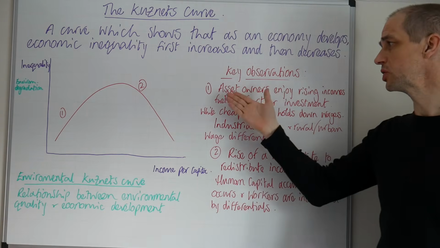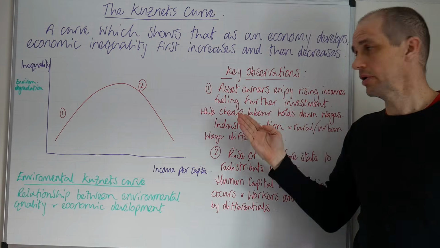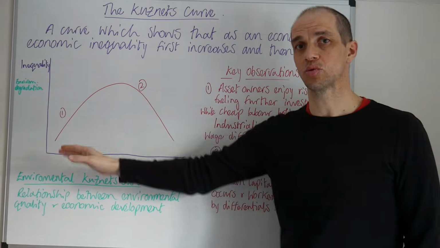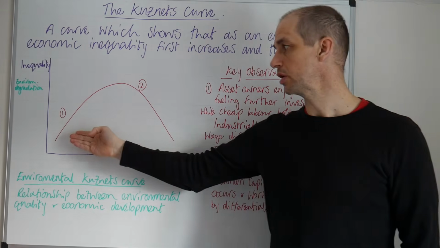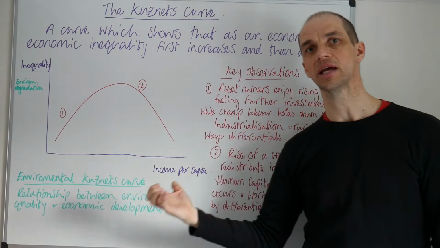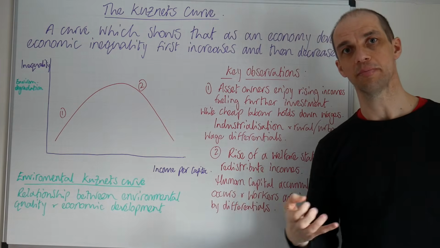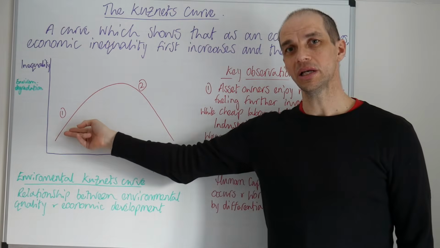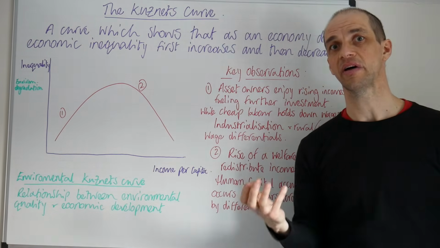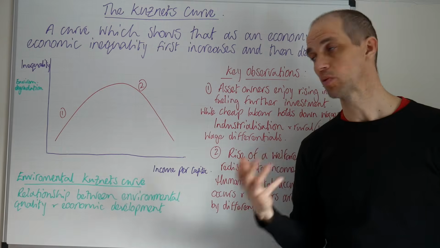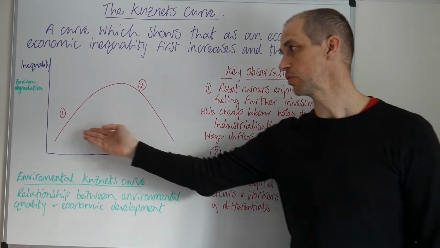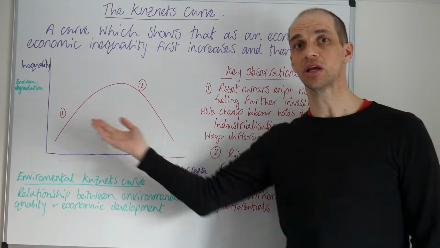Okay, firstly, the asset owners enjoy rising incomes. So if you are actually asset rich and you buy assets at an early stage, be it property, be it shares in companies, and so on, then what's likely to happen is that the actual values of land, as well as property, as well as shares and companies within the country are likely to increase.